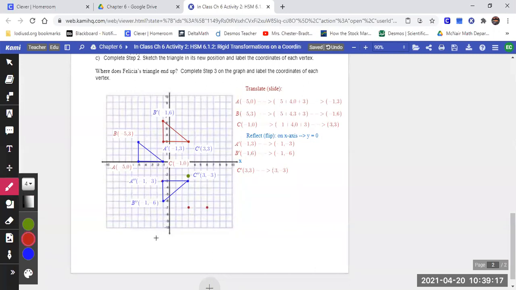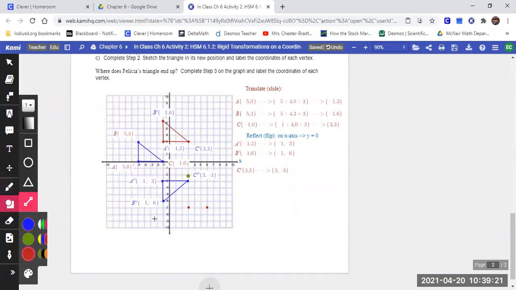So for the rotation, it's easiest if you draw it first, making sure that you keep the same size lines as before. It's just going in a different direction. Now, is our C location changing? No.